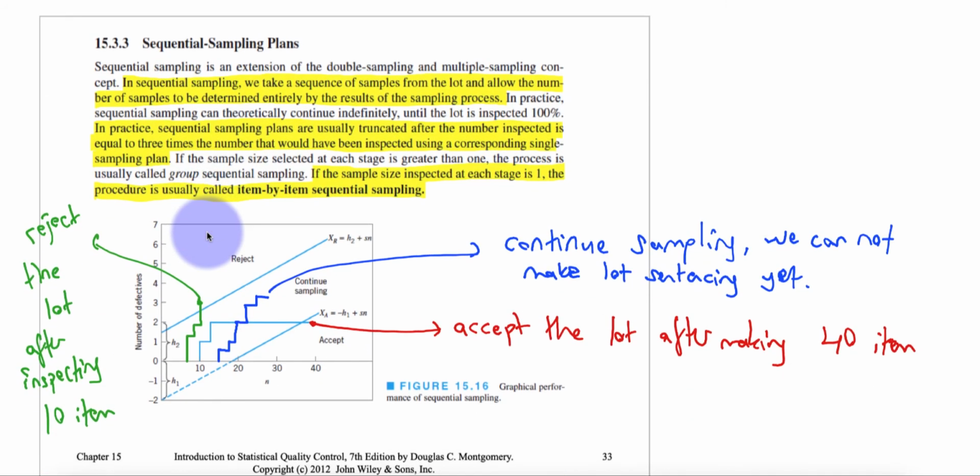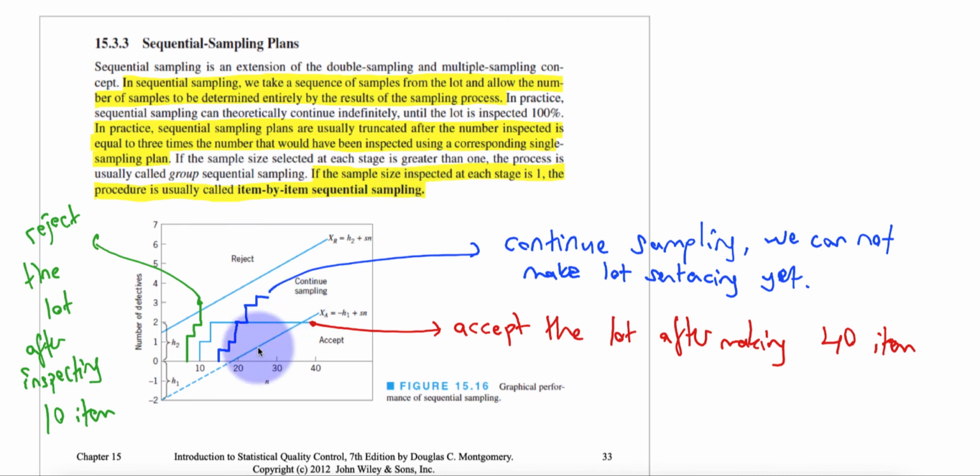The last sampling plan we are going to talk about is the sequential sampling plan. In sequential sampling plan, it's like multiple sampling. We are taking samples individually or a group of items. If the sequential sampling is based on individual items, it is called item by item sequential sampling. And it works like this.